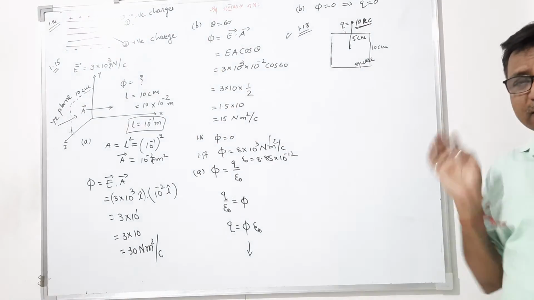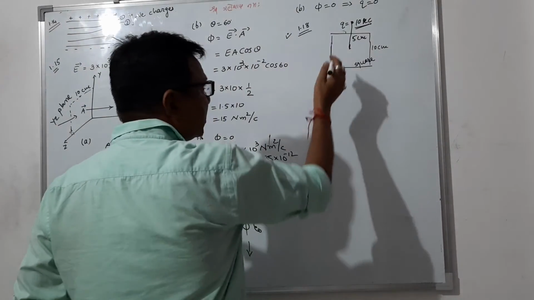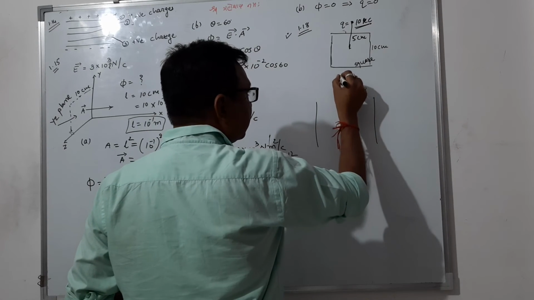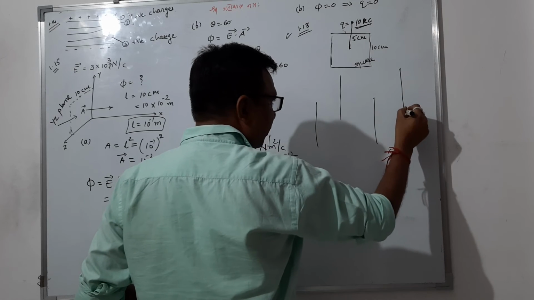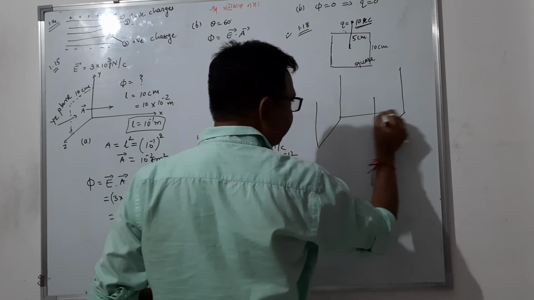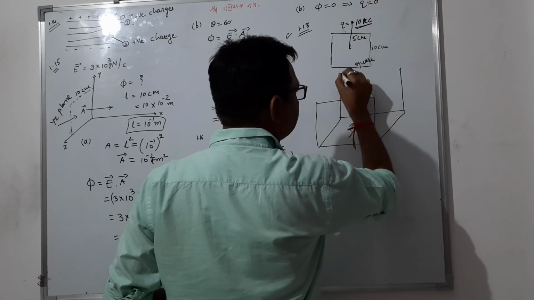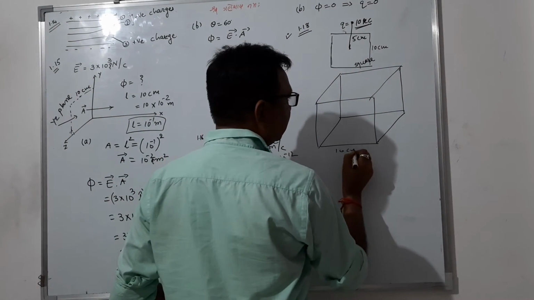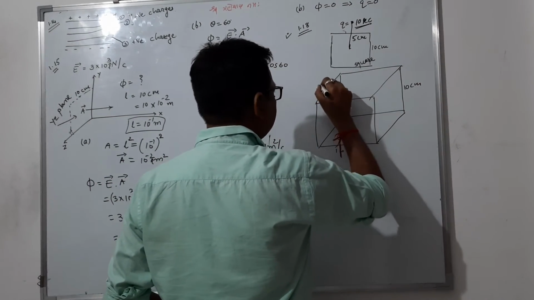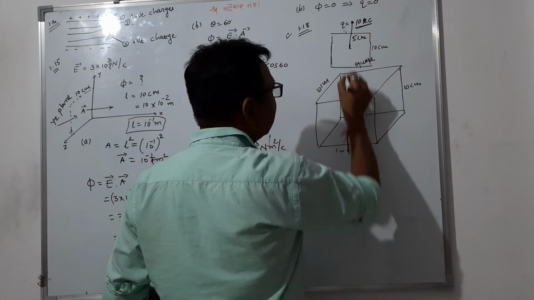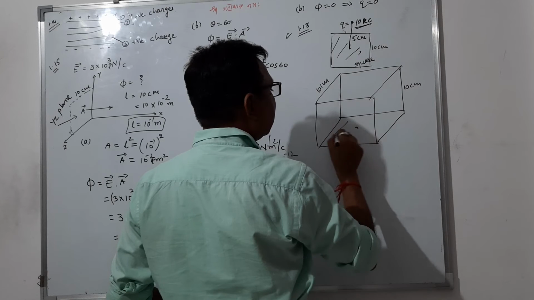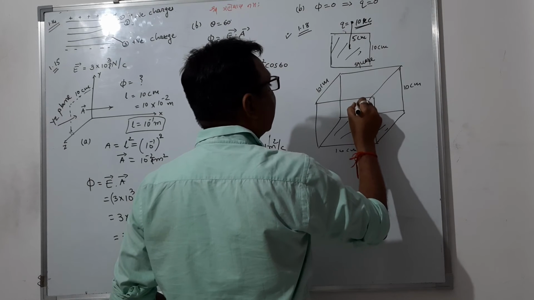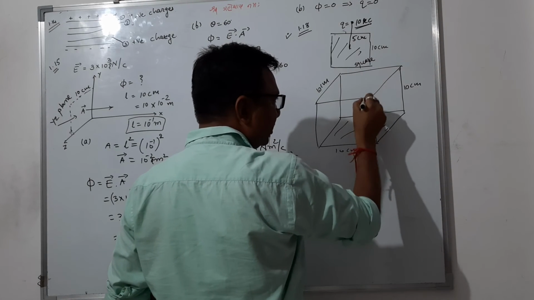So friends, we have to consider a cube whose base is this square. See, I am considering a cube, and this is 10 centimeter, that means 10 centimeter everywhere. So this is the center, and here 5 cm. That means your Q is at the center.